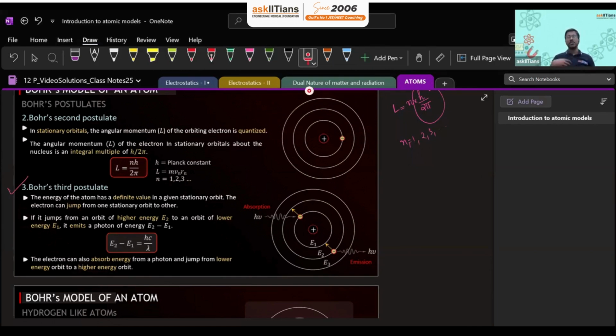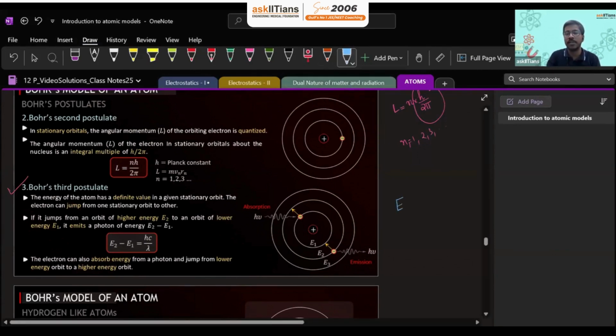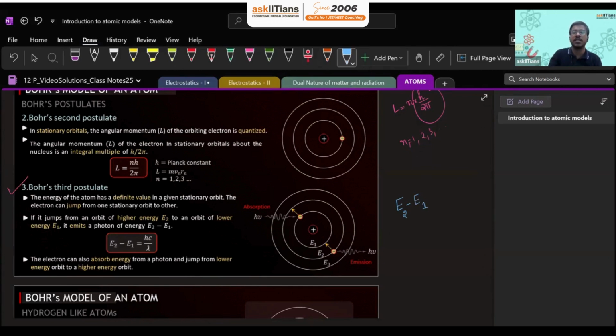So it has to lose that energy in some form, and the electron can emit a photon which corresponds to this energy difference. So the electron, while jumping from a higher energy level to a lower energy level, will emit a photon whose energy is equal to the energy difference between the E2 and E1 values.